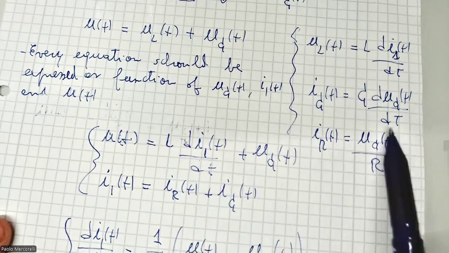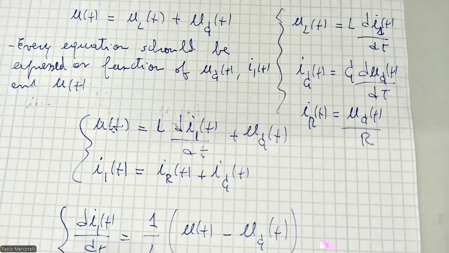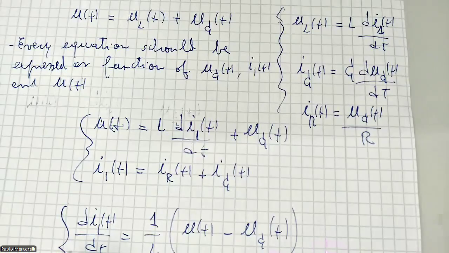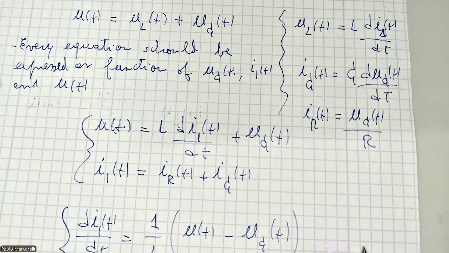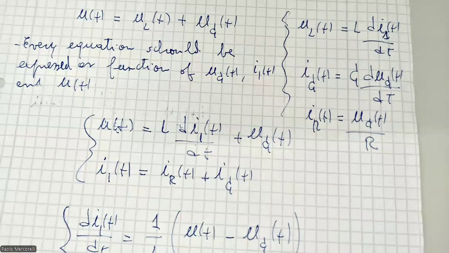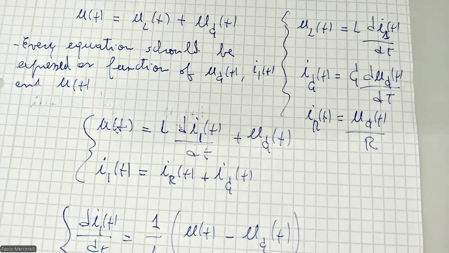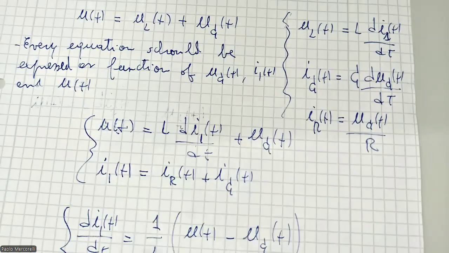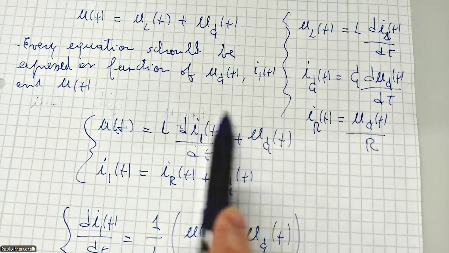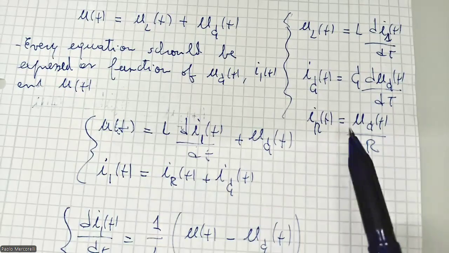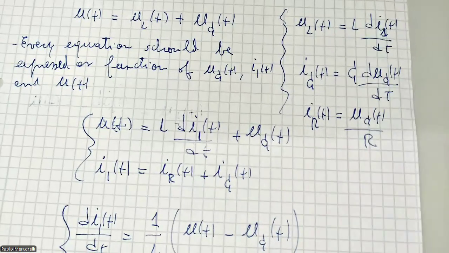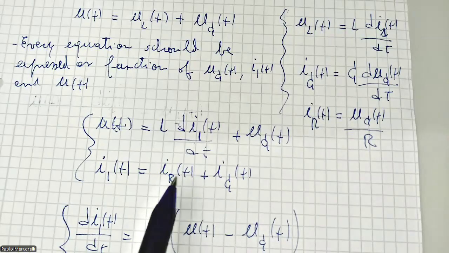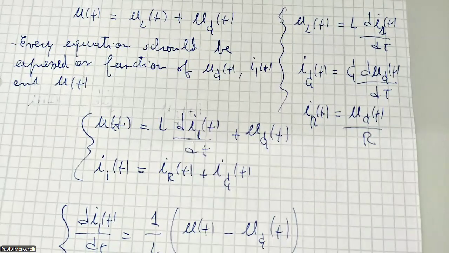This means, do you remember, the goal is to obtain the equations in the form of the variation of the energy equals what this variation, or let me say, the element which this variation generates. And from here, this variation can be seen as U of t minus UC divided by L. From this equation here, if you consider what I told you, plugging in where I need here and here, these two equations I can write in the same way.